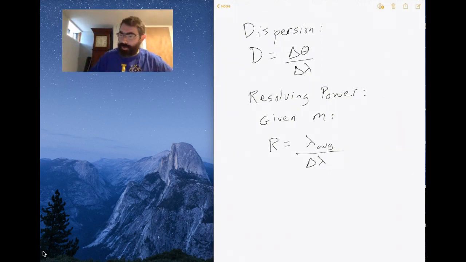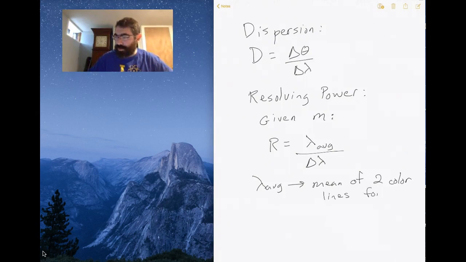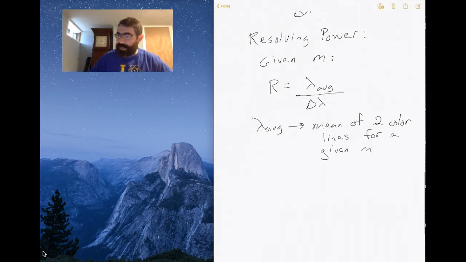So in the end, what we're calculating is the average wavelength, the mean of two color lines for a given m, and then delta lambda is just lambda of one wavelength minus lambda of the other wavelength.